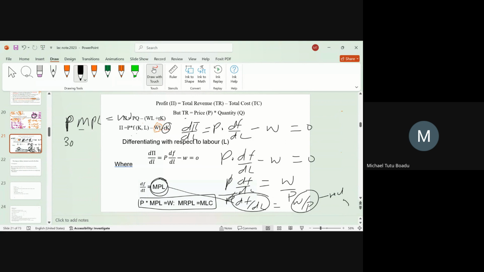Then the marginal product of labor is the contribution of labor to the production process, which is determined as change in quantity over change in labor. This is how to determine the marginal contribution of labor. And this should be equal to the wage I have to pay labor.